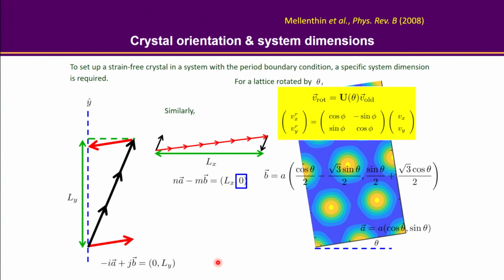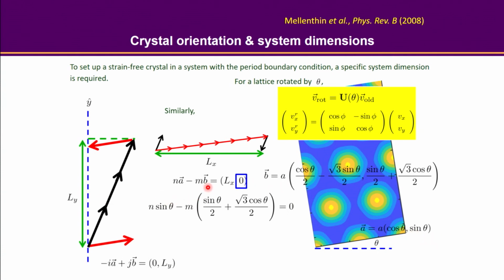So let's look at one of these four relations first. The first 0, which means n times a. I simply plug in this a vector in the rotated frame. Because I only care about the y component, I only have to multiply n by sine theta, so it's n sine theta.